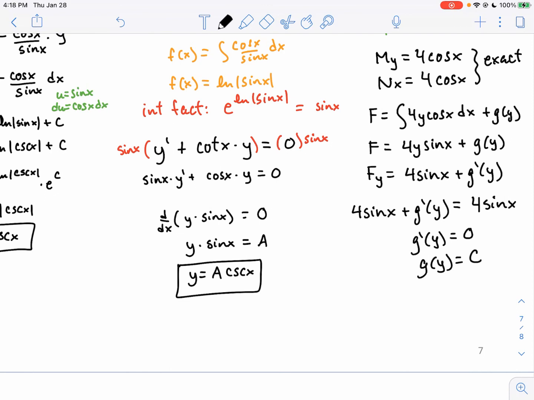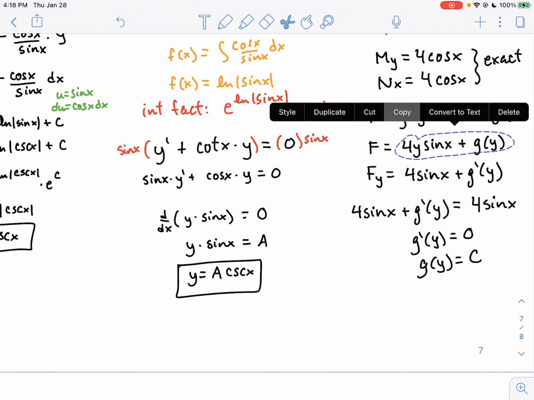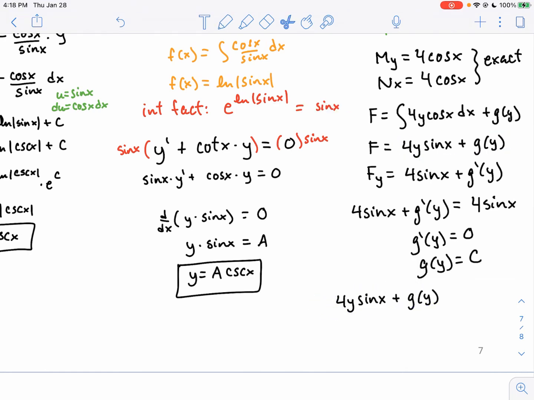Because the next thing I do is take the F function, now that I know that g is just a constant, and set this equal to another constant. And g of y itself was a constant. So really it's 2 different constants, but you can just combine the constants into 1. So it's as if you said g was 0 in the first place, and you just had all this equal to a constant. When you're doing this step, you just need any function whose derivative is 0, and 0 is an example of that.